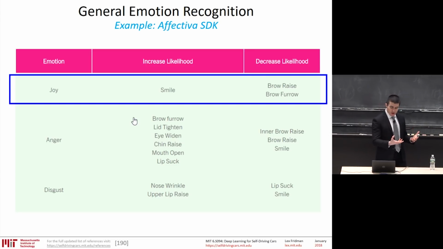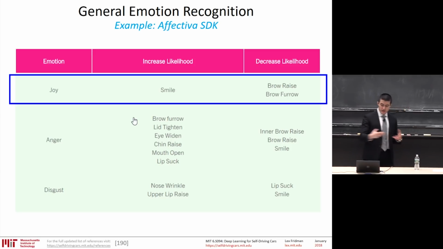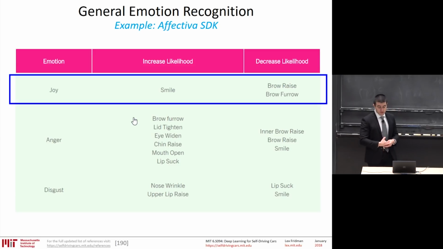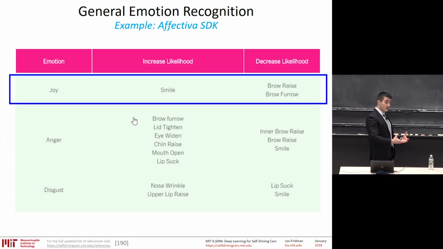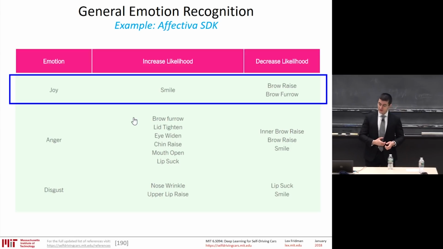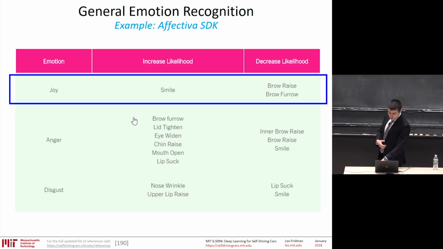And then joy has a decreased probability likelihood of brow raising and brow furrowing. So if you see a smile, that's a plus for joy. If you see brow raise, brow furrow, that's a minus for joy.